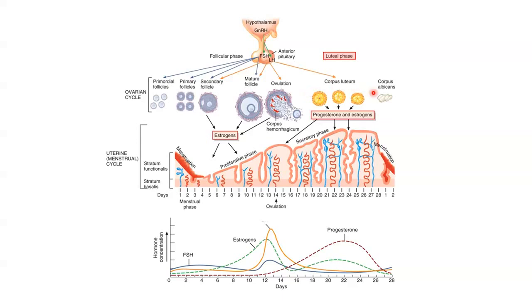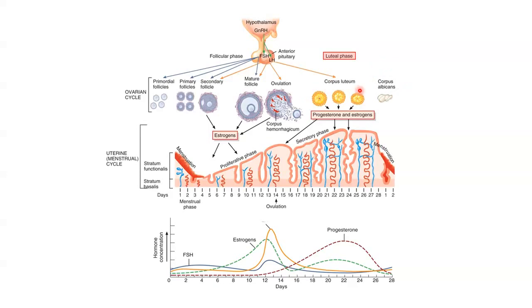And then the later events that occur in the ovary depend on whether or not an oocyte has been fertilized. If the oocyte is not fertilized, then this corpus luteum only has a lifespan of about 2 weeks. Then its secretory activity will decline and it degenerates into what we call the corpus albicans.